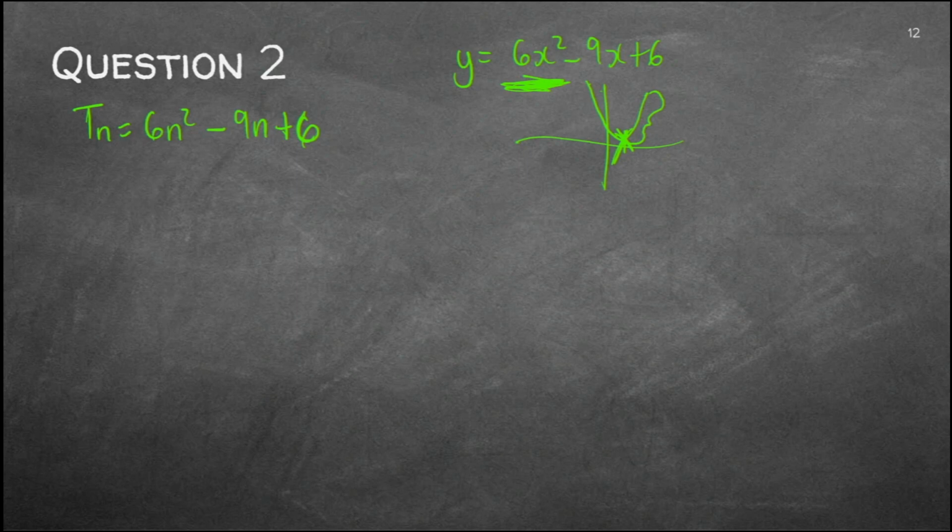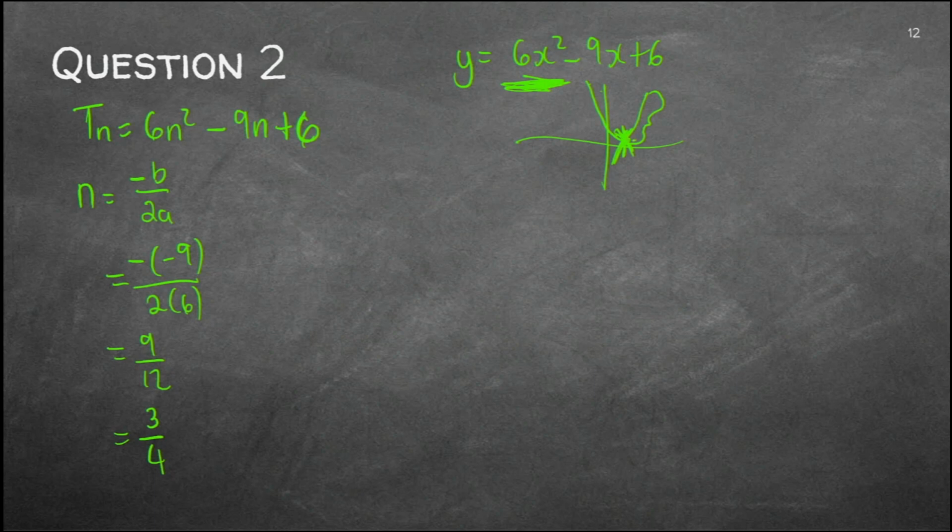So I need to get the turning point. So that would be my first option. So I can simply say n is equal to negative b over 2a, which is equal to negative 9 over 2 times 6. So you'll get 9 over 12, which is the same as 3 over 4. So the turning point is at 3/4. What does that mean? Look at the sketch.